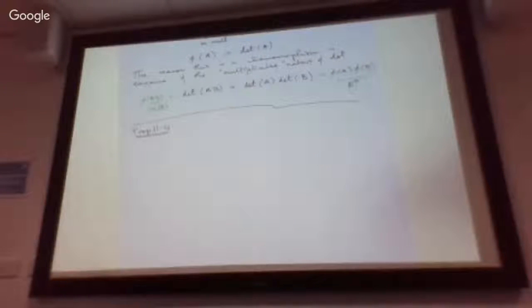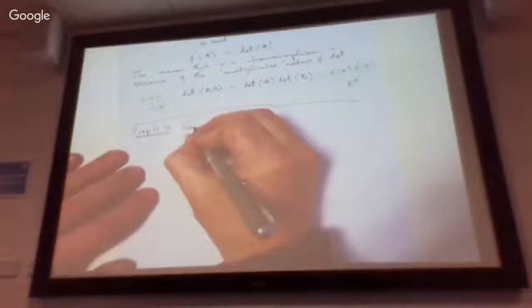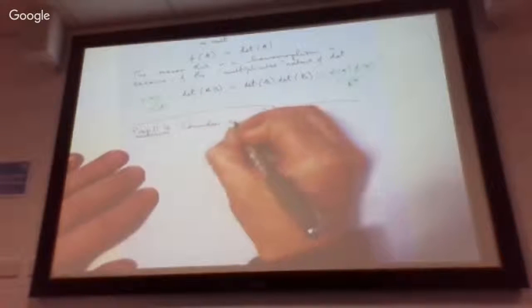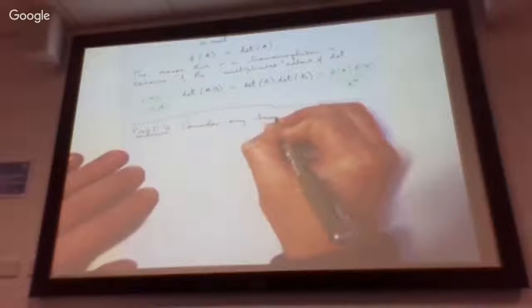So that's what we have in Proposition 11.4. We've got four facts presented, all about a basic homomorphism between two groups.